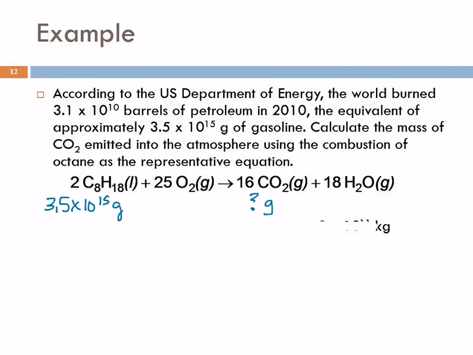We'll come back to that later. So I need to get from grams of this to grams of that. The path is grams to moles to moles to grams. So it's going to be grams of the first thing to moles of the first thing to moles of the thing I'm trying to find out about, the CO2, and finally grams of CO2.